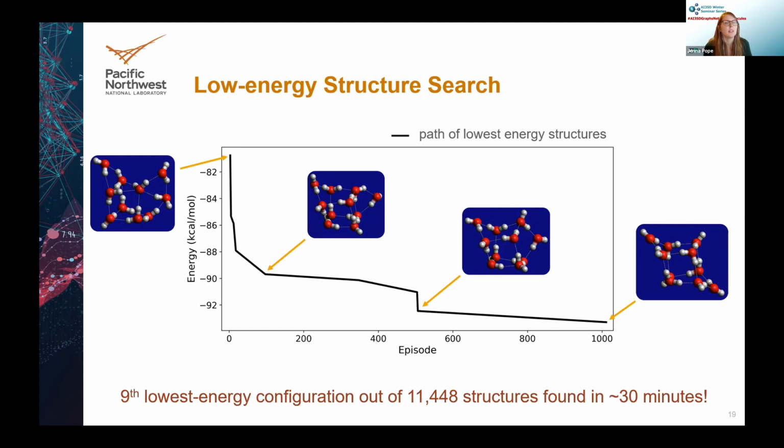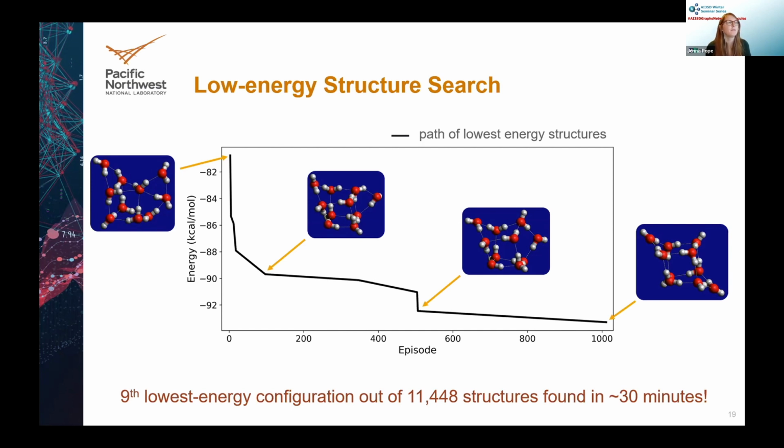We start out looking at water clusters of size 10, and we start with the highest energy cluster of that size in the database, which is shown here, kind of almost like a boat-like structure. And we allow 10 steps for each episode. What this means is that the algorithm can make 10 moves to get to the lowest energy one that it can find.